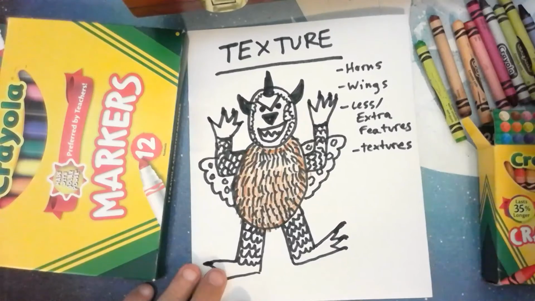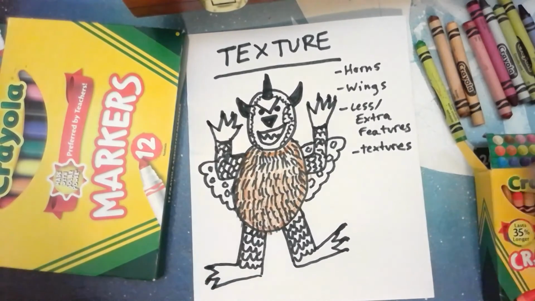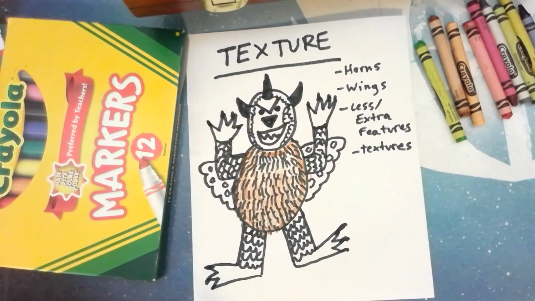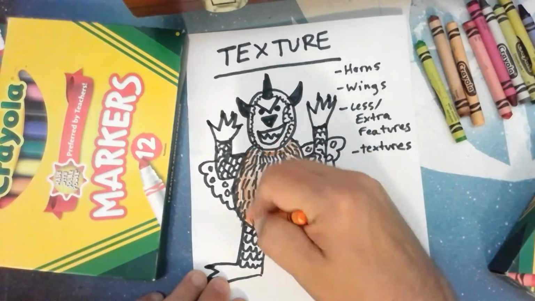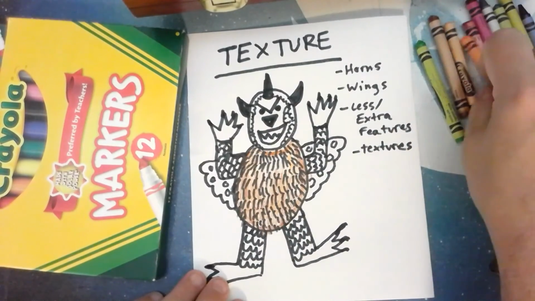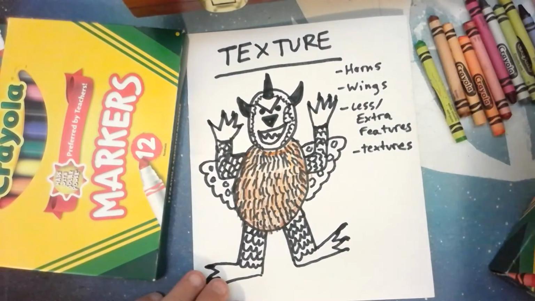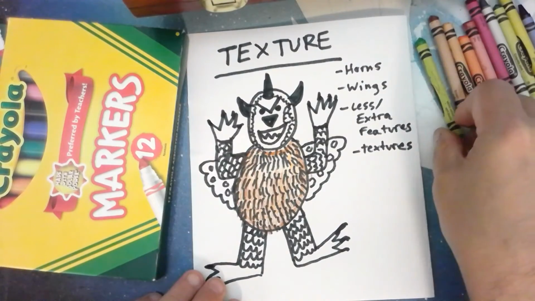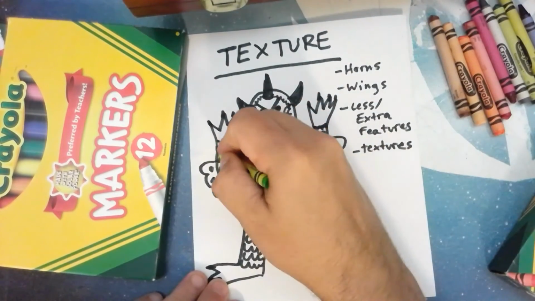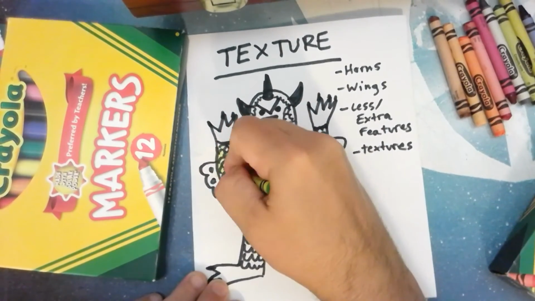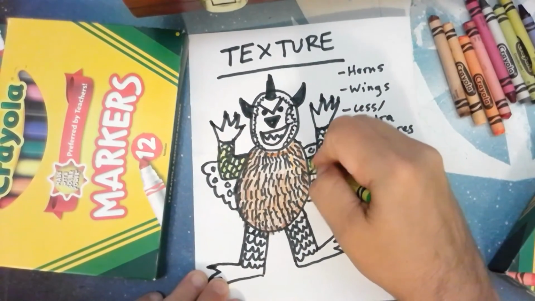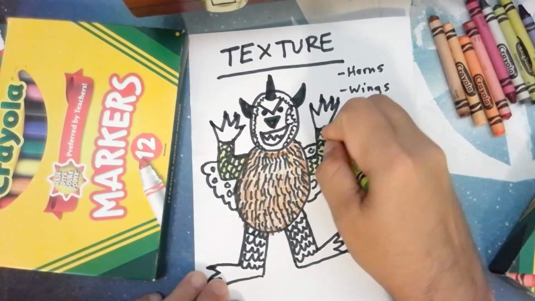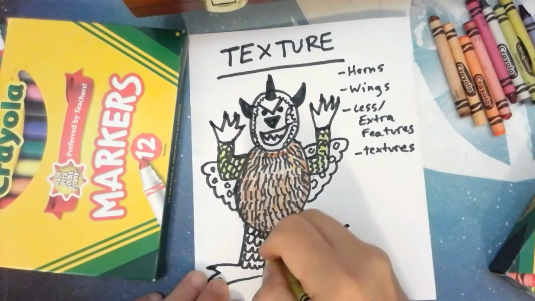And now just take a little bit of orange on top, and that should finish that part. And then I'm just going to color everything else in. So I'm going to go ahead and get started with this, and then I will let you guys finish yours off. So you want to make sure everything on your monster is nice and colored in.